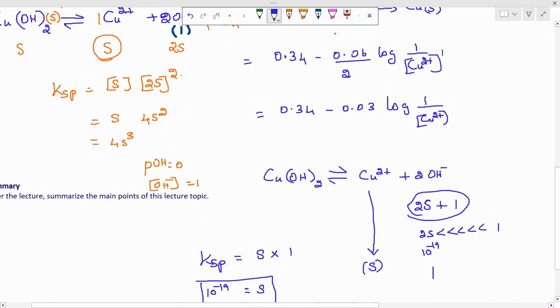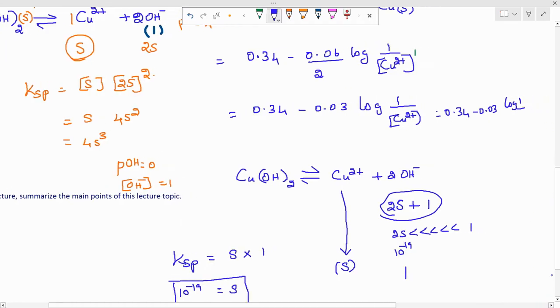Shall we do that? Look at this: 0.34 minus 0.03 log of 1 divided by 10 to the power minus 19. So 0.34 minus 0.03 into log of 10 to the power 19. Log 10 to the power 19 will be nothing but simply 19, because the power comes in front as multiplication.